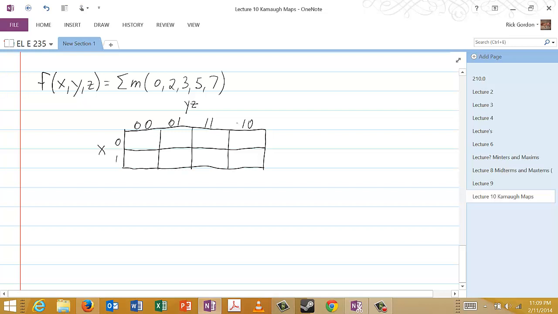Now, you might be thinking that what you need to do is to get the algebraic expression for f, and then to look at each one of those terms separately. You know that the good thing here is that f is already in terms of minterms. In fact, we have 5 minterms. We have minterm 0, 2, 3, 5, and 7.